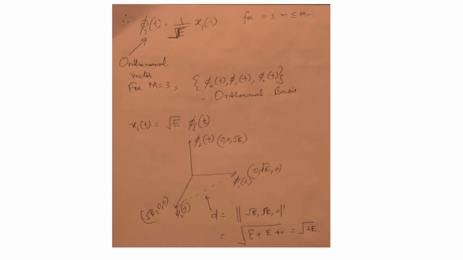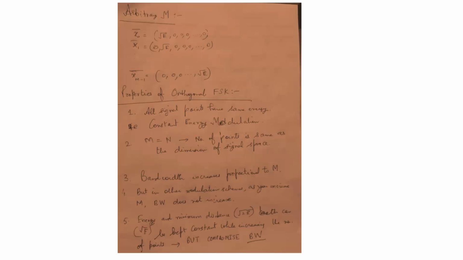Number of signal points is actually equal to the dimensionality. That means the number of points is the same as the dimension of the signal space. Bandwidth. So therefore, the bandwidth increases proportional to M. Why is it so?